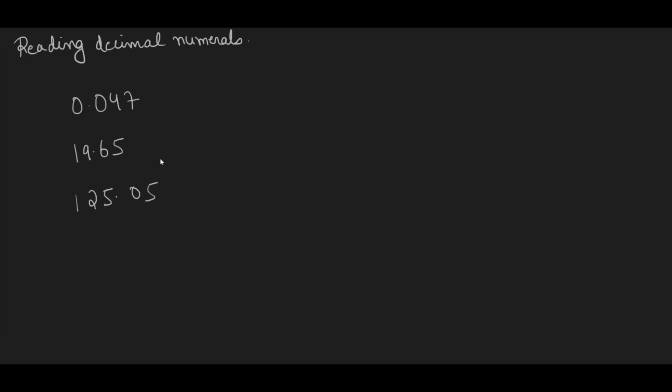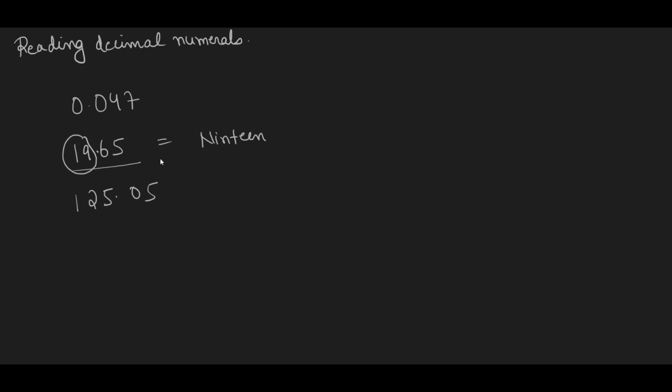So children, this number will be read as 19.65. This whole number part will be read as 19, but the number after the decimal that you have is this part, 65.